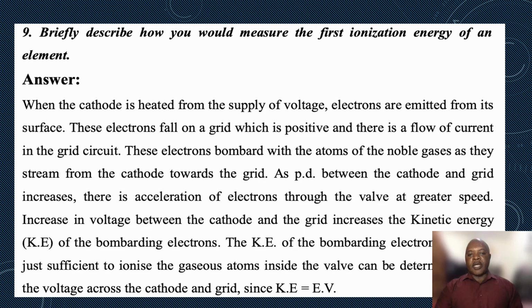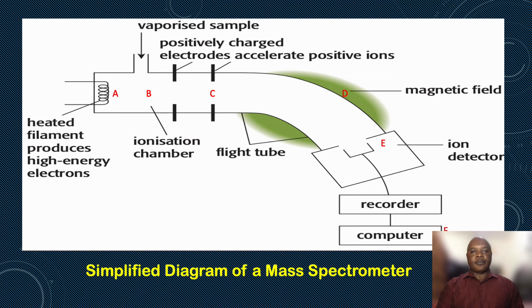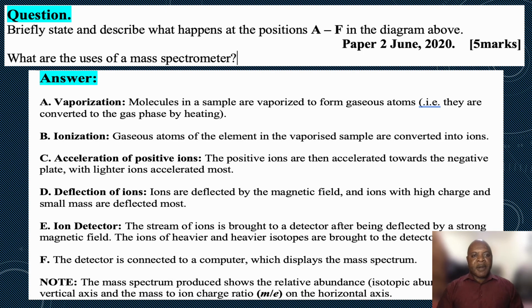It takes us to the next question. Briefly state and describe what happens at positions A to F in the diagram above. What are the uses of a mass spectrometer?